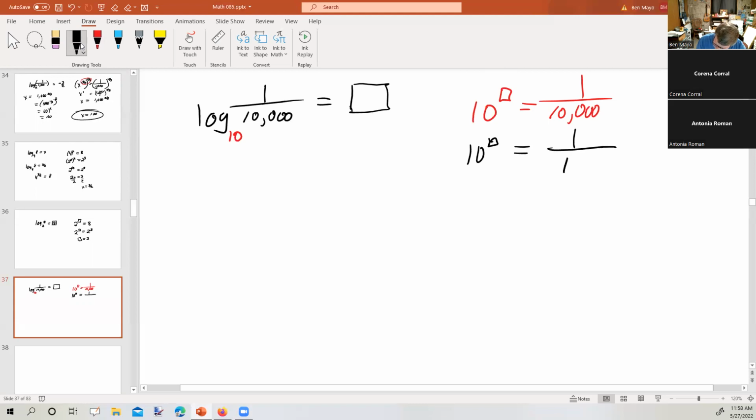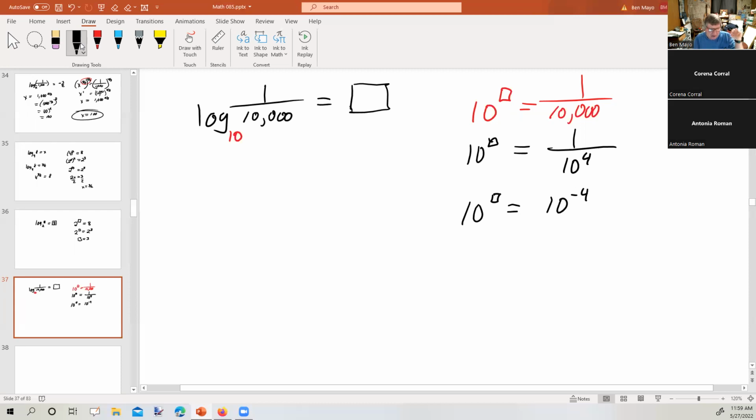Ten thousand is 10 to the 4th power. I could take 1 over 10 to the 4th power and write it as 10 to the negative 4 power in the numerator. Why do I need to do that?